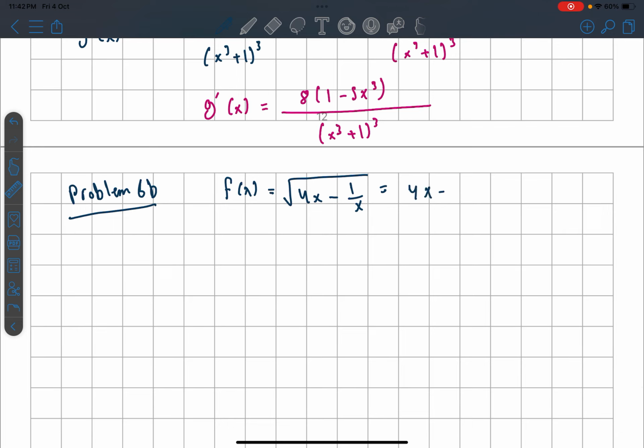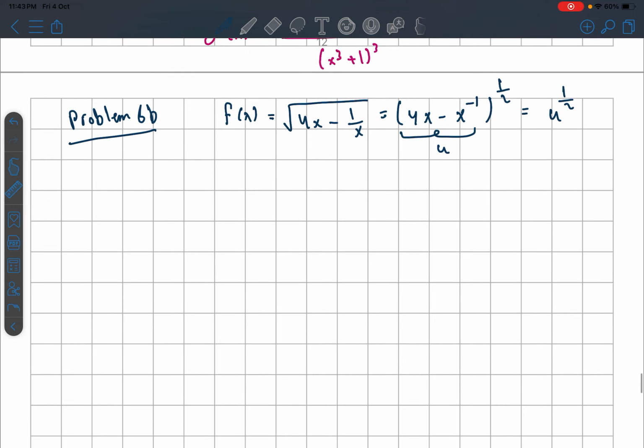So we can say 4x minus x power of negative 1, all power of 1 over 2. And let's take 4x minus x power of negative 1 as u, so it will be u power of 1 over 2.